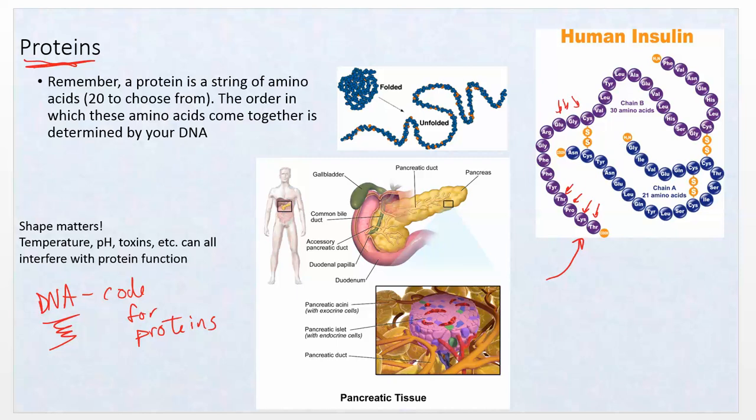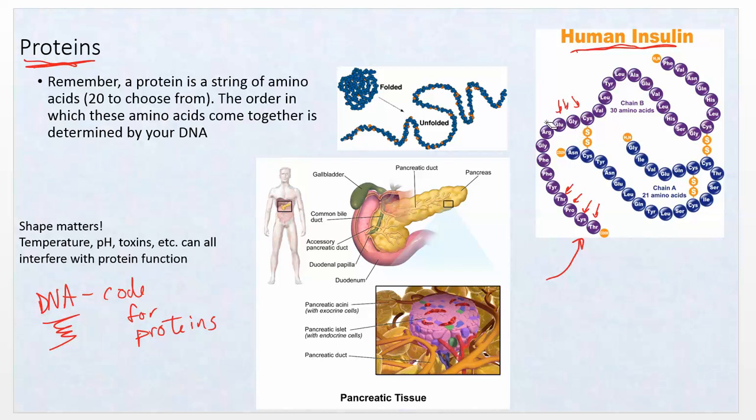I don't know how much that would change for something like insulin, but we might have a different DNA sequence that gives us, maybe instead of a glycine here, maybe we get an arginine or something like that. And if it doesn't change the structure, then we're okay. If it does change the structure, then that may not be something you can survive. Okay, so that's a deleterious mutation in the DNA that's coding for this amino acid.